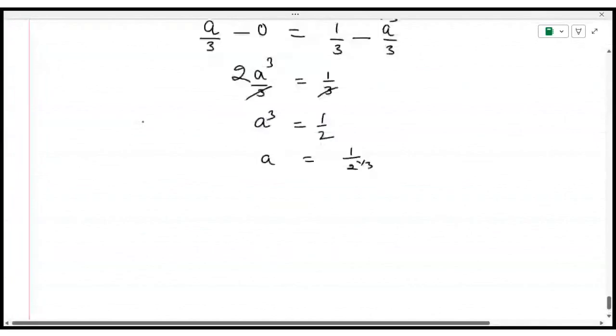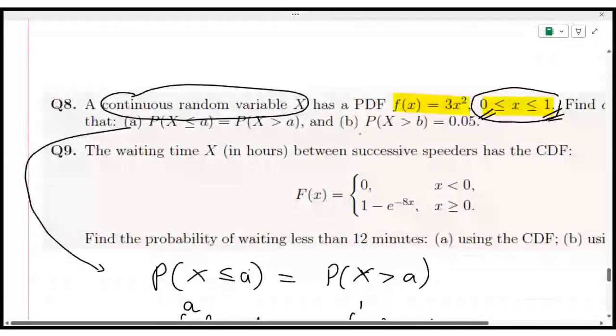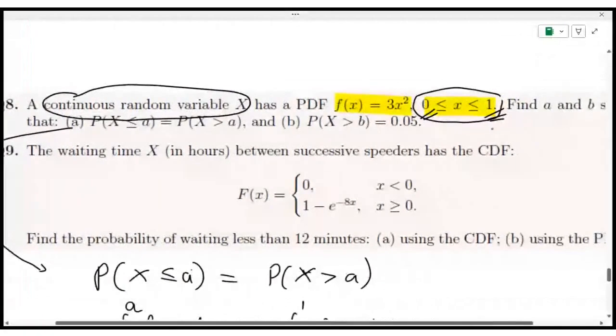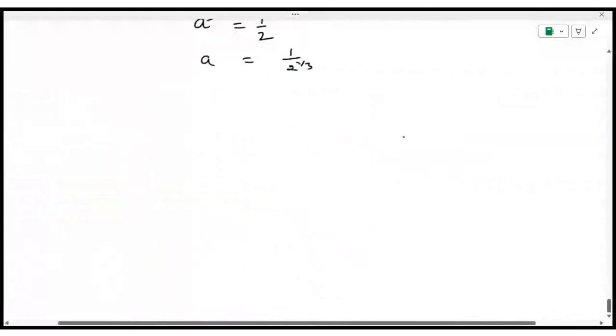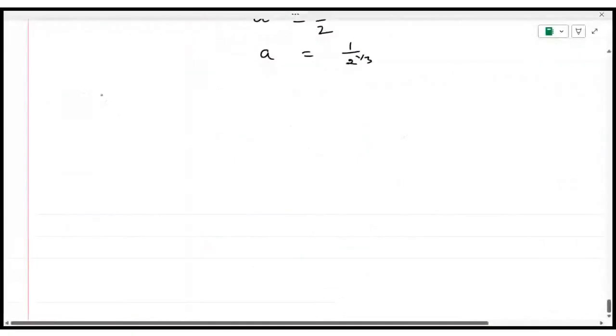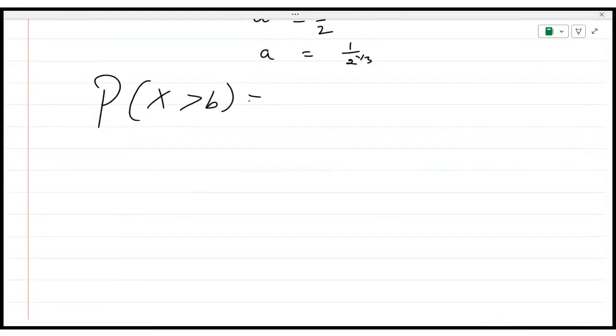Okay, so now the second part. In the second part we have to find b. In the first part we have found a. In the second part we have to find the value of b such that the probability of x greater than b is 0.05. So what are we given? We are given that the probability of x greater than b is 0.05.